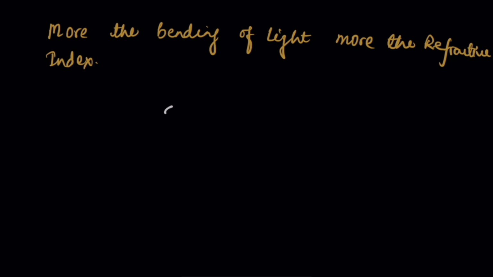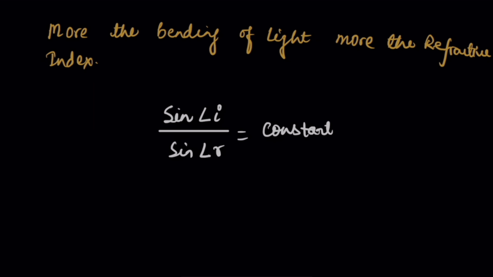In the first law of refraction, sin I by sin R is equal to a constant. It can be written as n21.